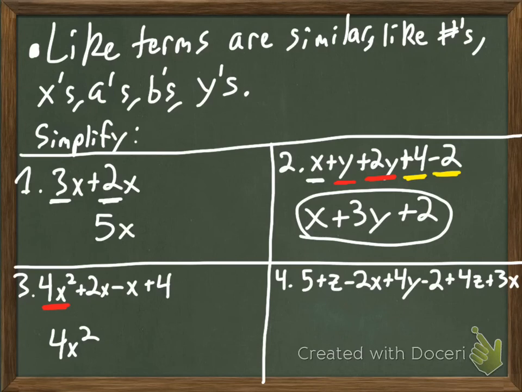Our next term is 2x, then we have the negative x with it. 2x minus x leaves me with just 1x. And then finally we have this plus 4. We don't have anything to combine with it, so it's just plus 4.